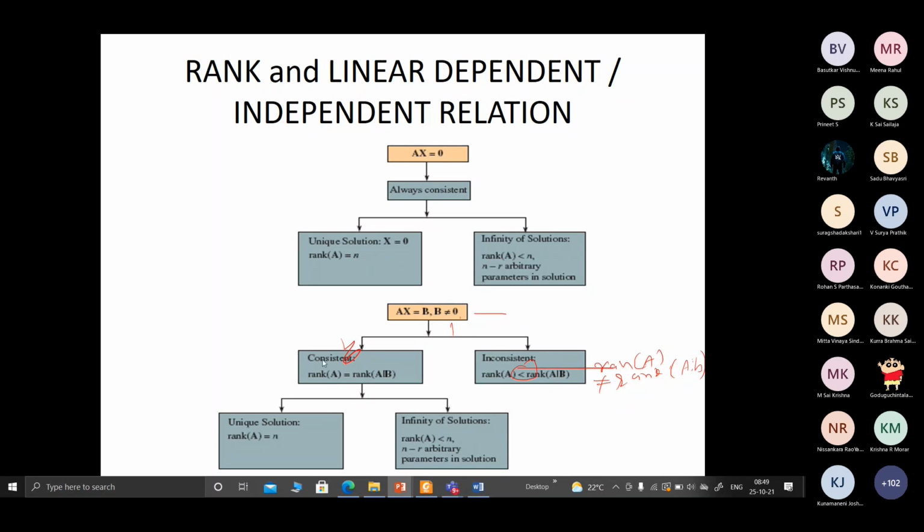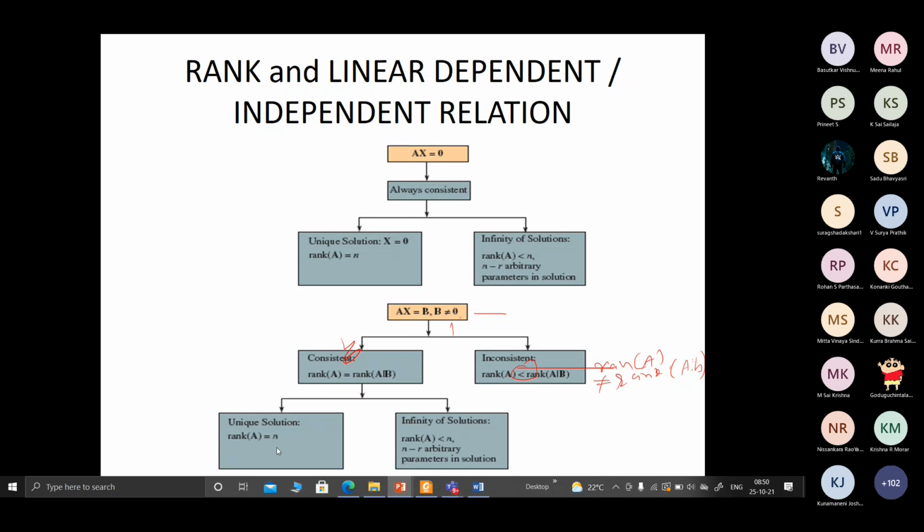Whereas if the rank of the augmented matrix is equal to the rank of A, then there is a solution. We will see some examples of this. Again, there are two possibilities: one, you can have a unique solution; another, infinitely many solutions. For a unique solution, the rank should be equal to the number of columns.